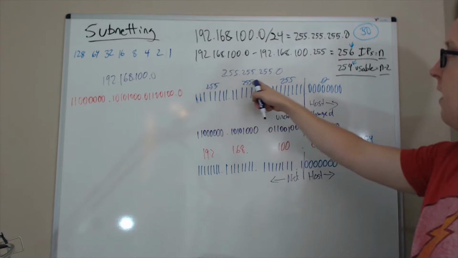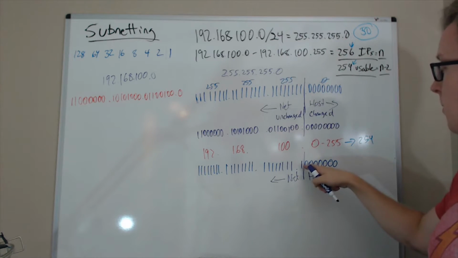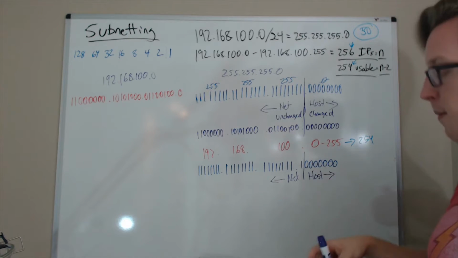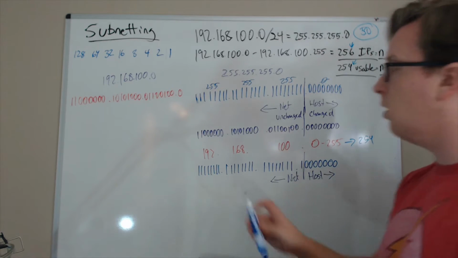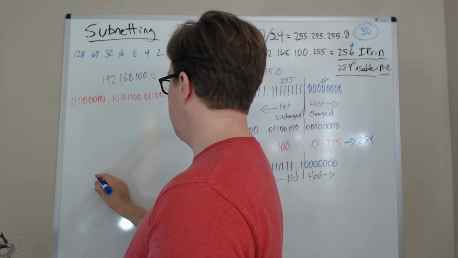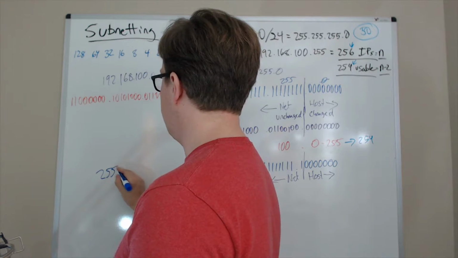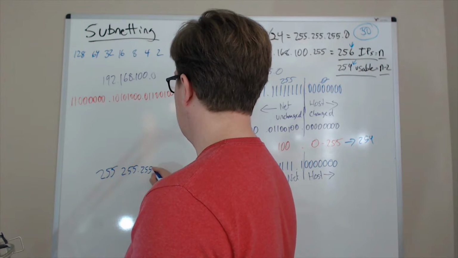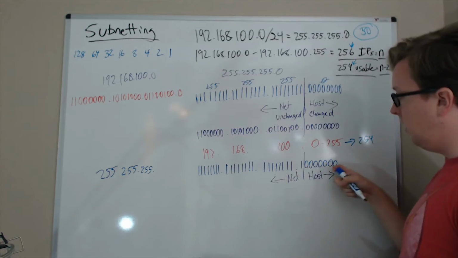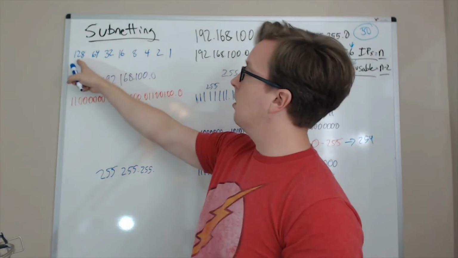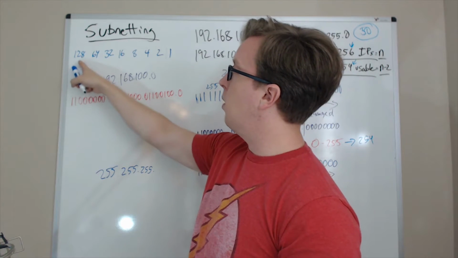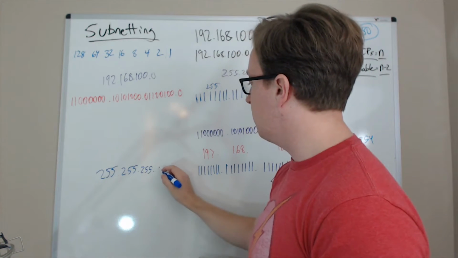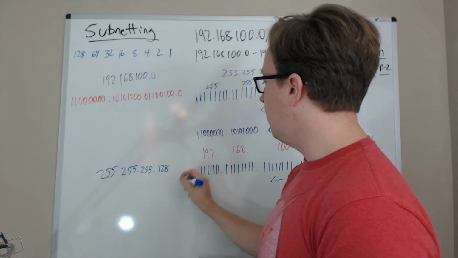This one's 255.255.255.0, but with this, what happens to the subnet mask? Well, we already know it's 255.255.255. But then with this one bit in the binary, we look back up here, we turn this guy on, so it turns into 128.